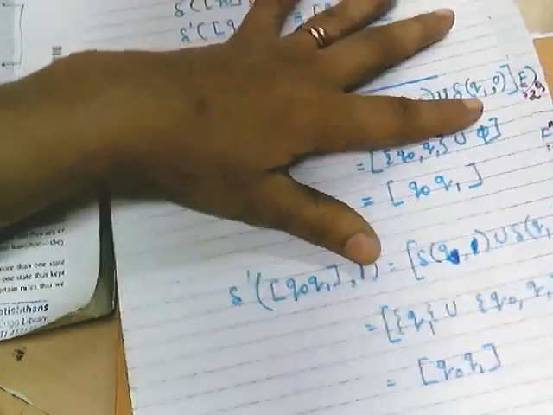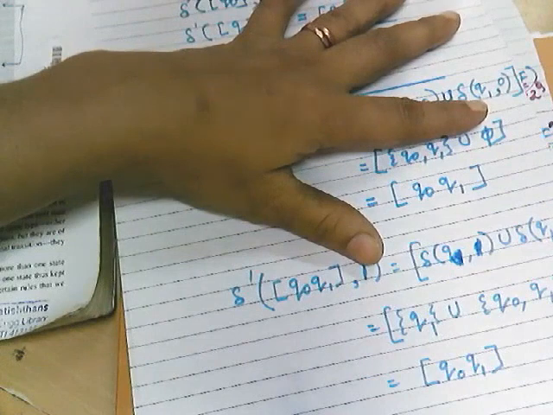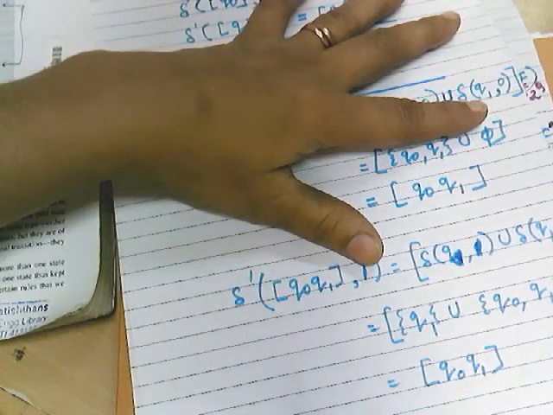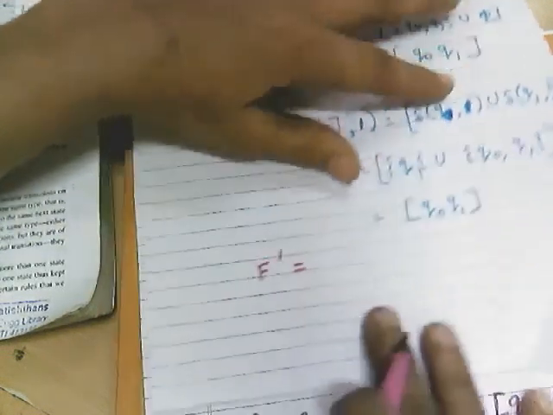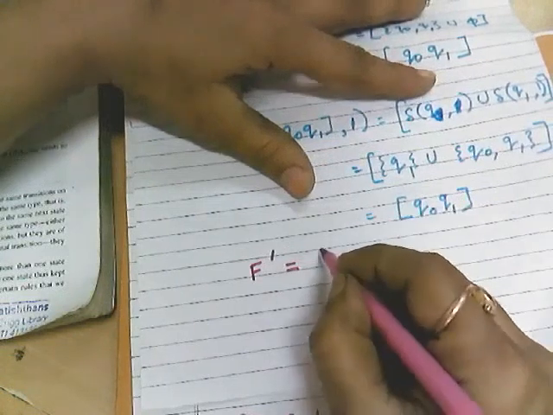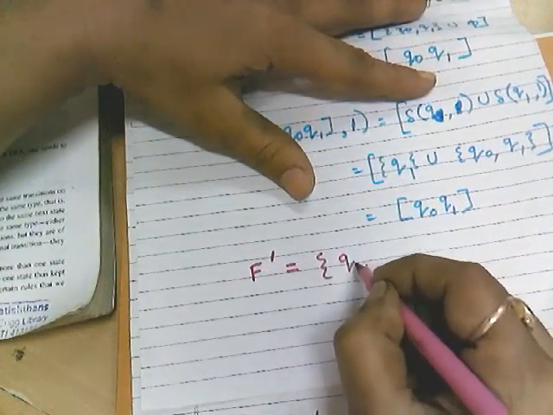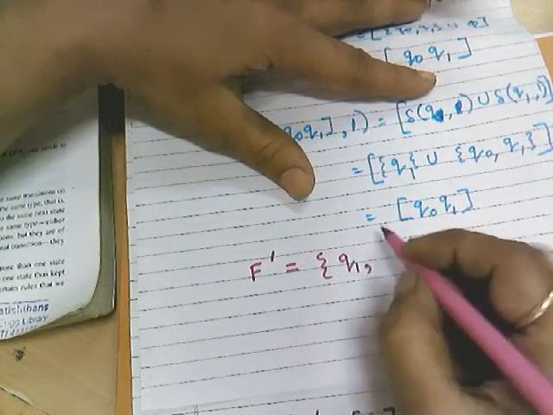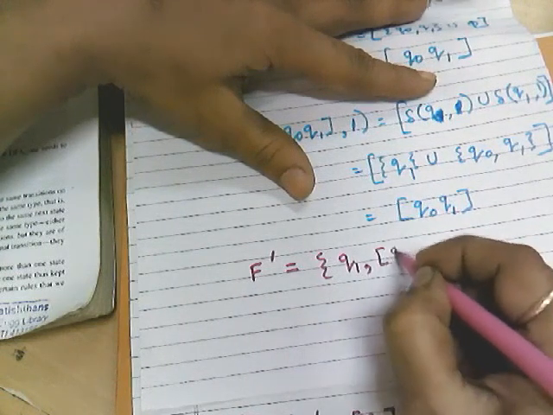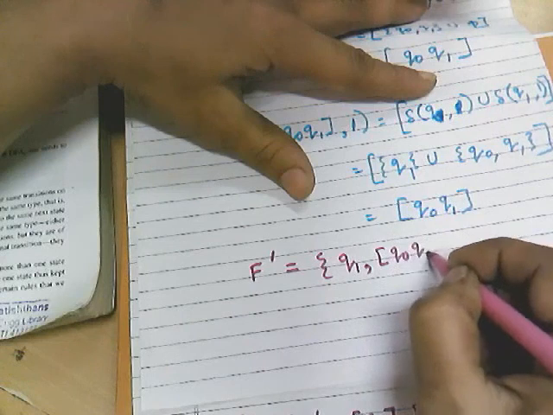So finally I need to define what will be my F dash. F dash will be nothing but the set of q1 comma the state in which q1 is appearing.